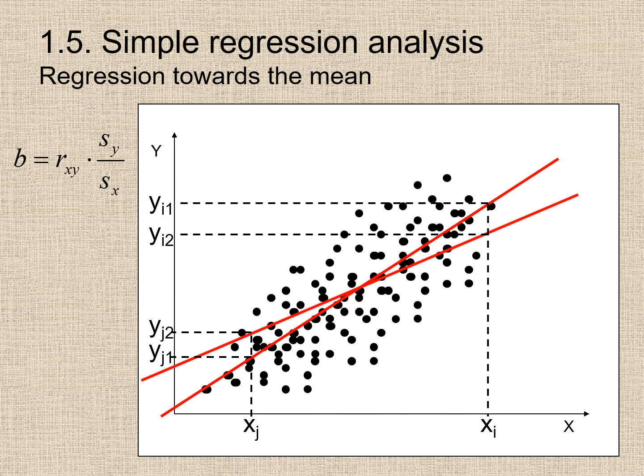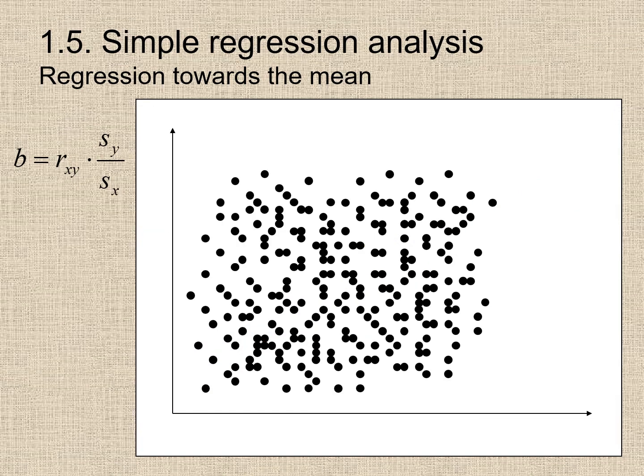And of course, if you have zero correlation, no correlation between the independent and dependent variable, what kind of regression line will we get? It goes like that. What is the intercept here? It's the same as the mean on the dependent variable.